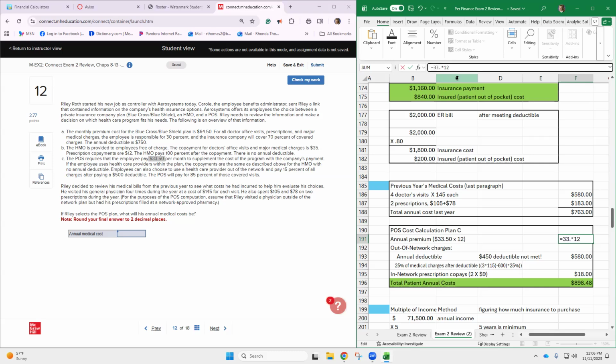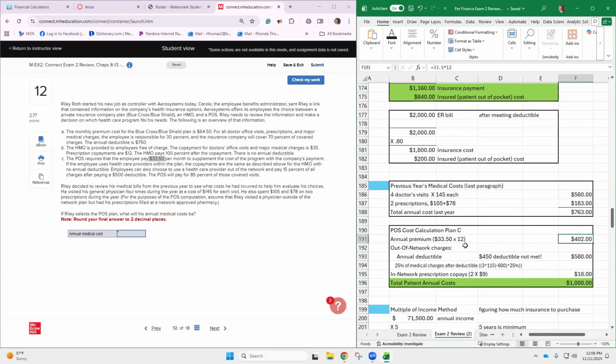Even though we know it by the month, we can turn it into an annual amount by taking it times 12. Has everybody got their annual premium? Everybody okay with that? Okay. So that is your number one cost of this plan.